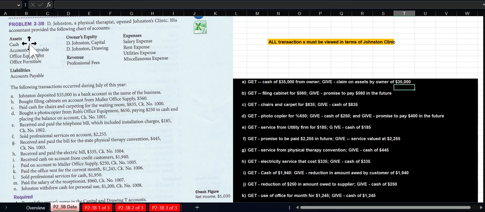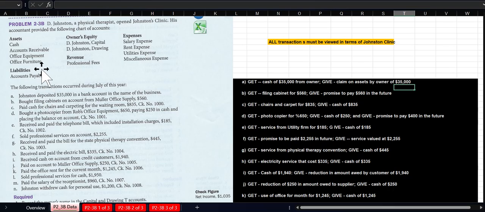And the business has provided us with a list of the accounts that we should use. This would be called a chart of accounts. And so all the transactions will need to fit into each of these categories. So we select from the list accordingly.